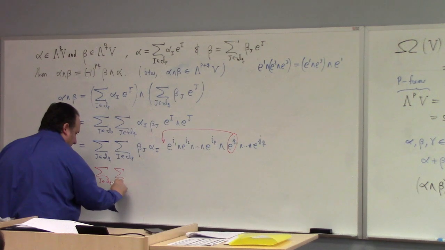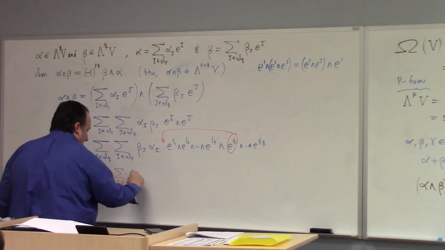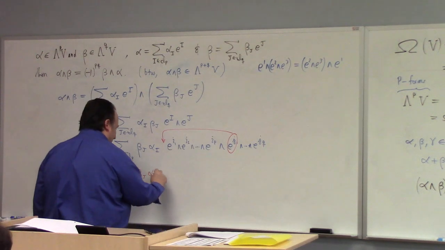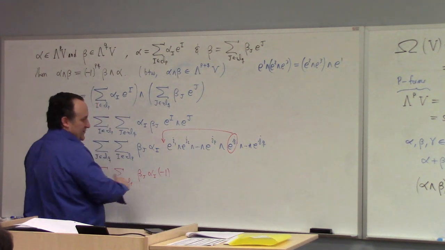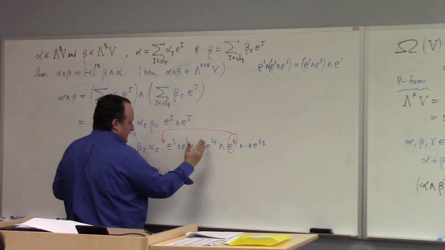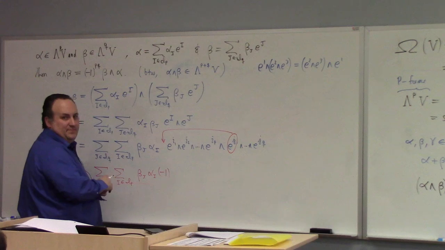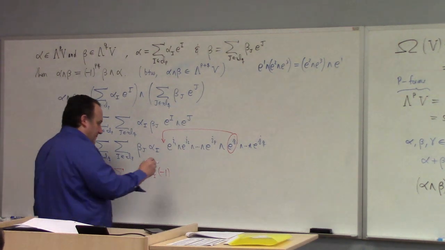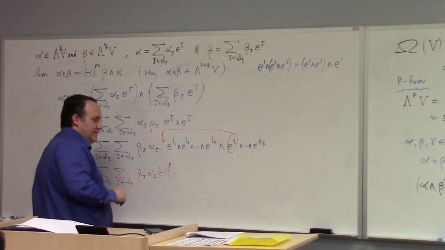What'd you say? -1. So I have flip number 1, flip number 2. How many flips? It costs, yes, P. P flips, which each one gives me a -1. Yes, I get (-1) to the P. All right?